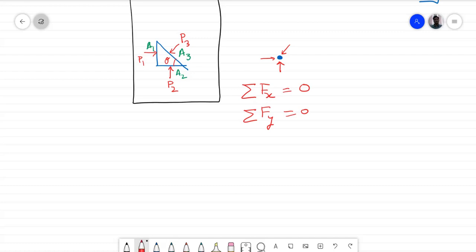So the first equation, sigma Fx equal to 0, gives us P1 times A1 and then a component of P3 A3. What will that be? P3 A3 is the force acting on that side, and what component of it is in the x direction, we can write here.